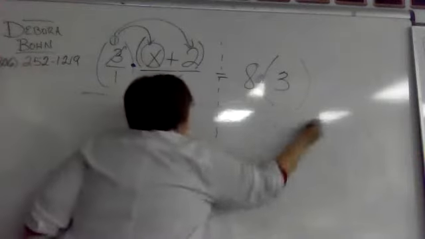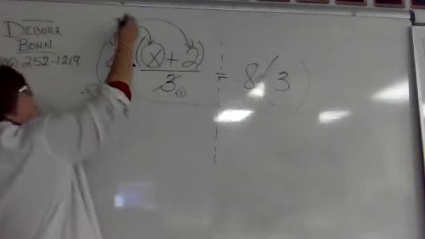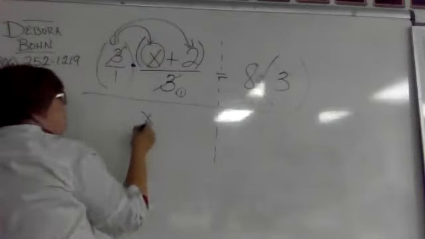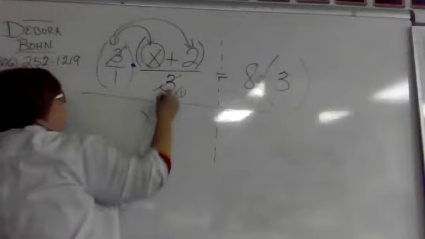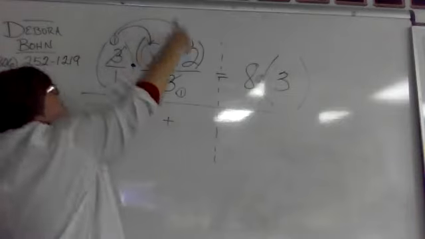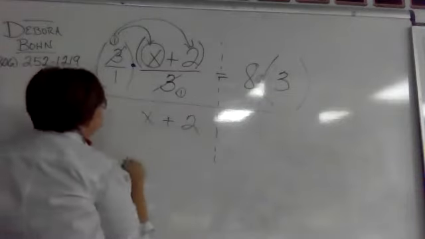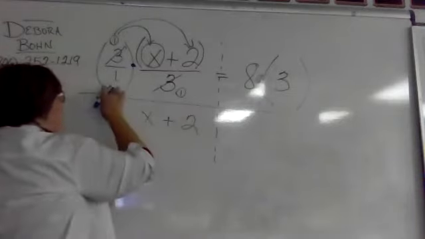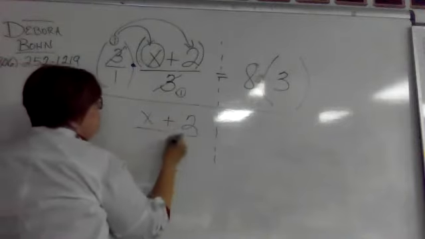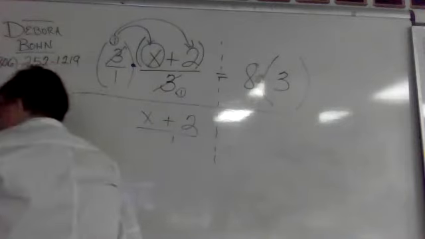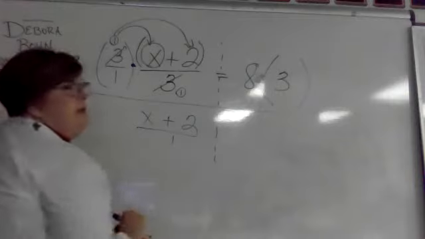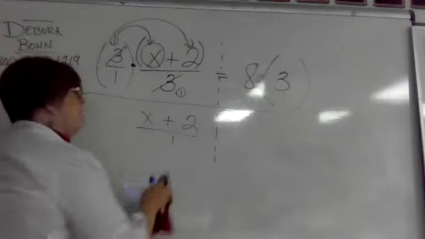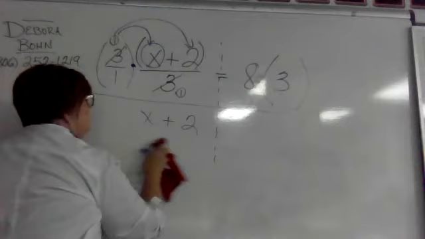So now I have 1 times x is 1x plus, and 1 times 2 is 2. On the bottom, I have 1 times 1, which would be here, but we found out that we don't have to write the invisible 1 if it's on the bottom. So we're going to take that off.